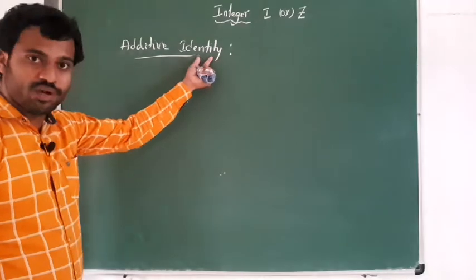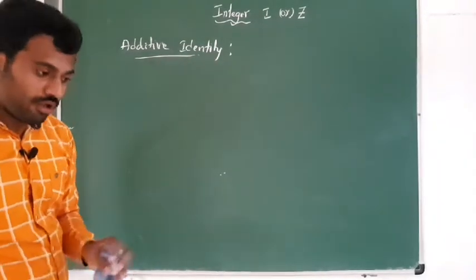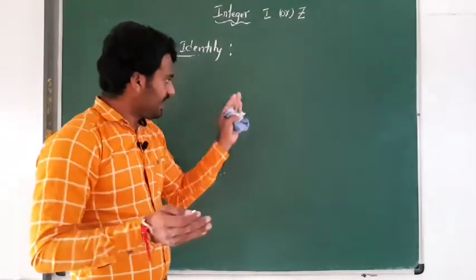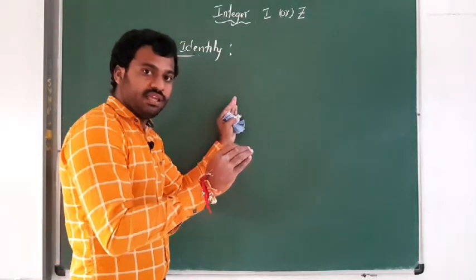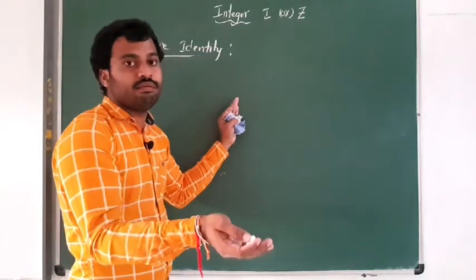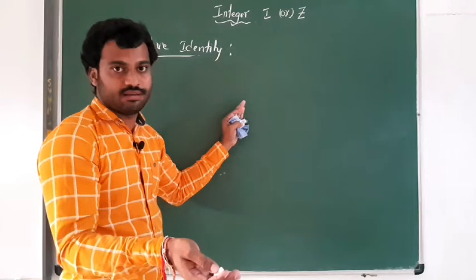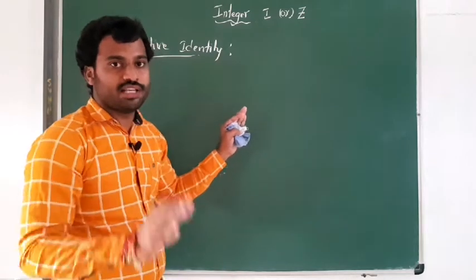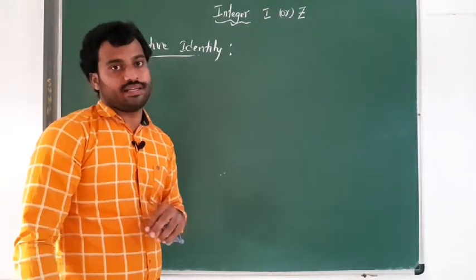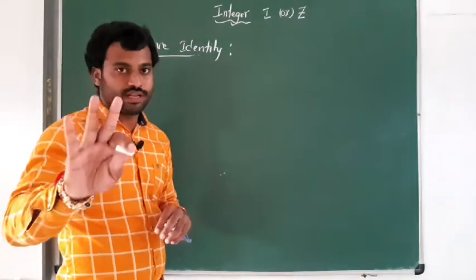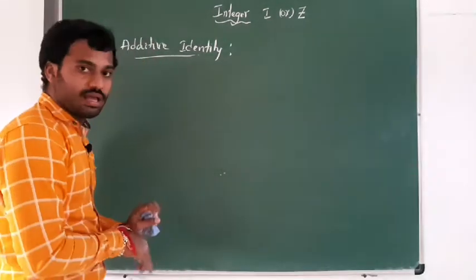Addition. Identity means what? Same thing. So when you are adding something to a number, the resultant should be the same number you should get. Okay, no? Then the number being added is called additive identity. Clear or not? Any confusion? No? Just see, I'll tell you.